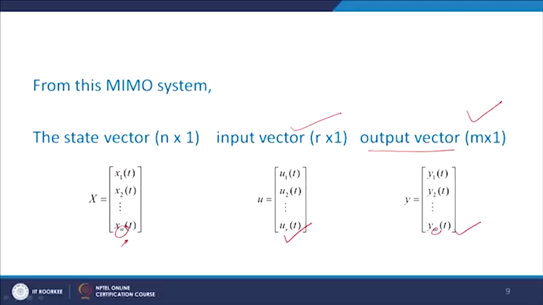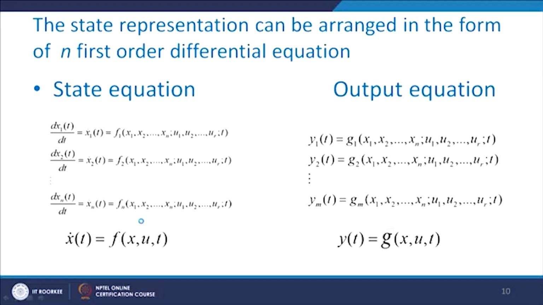That is what we are considering for the MIMO system plant. Now we have to represent these equations. In state space we have to represent them in first order differential equation form.